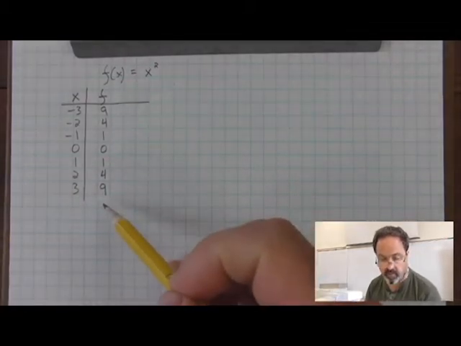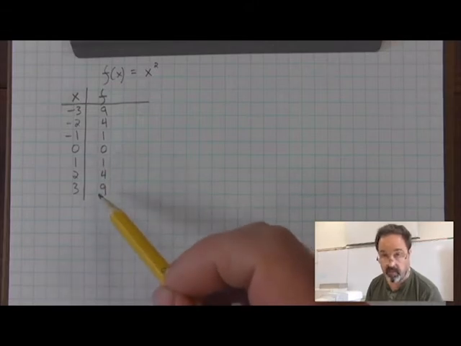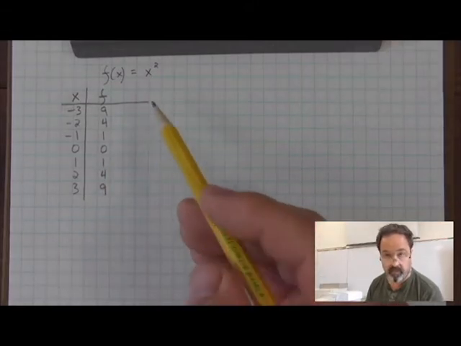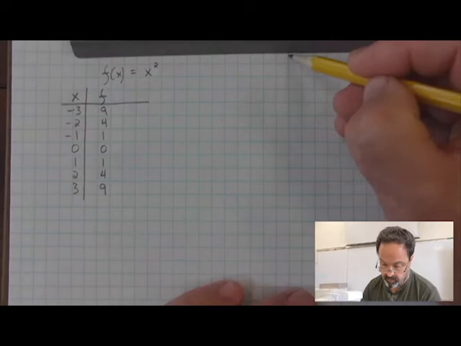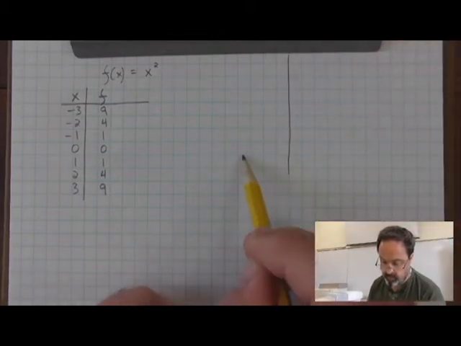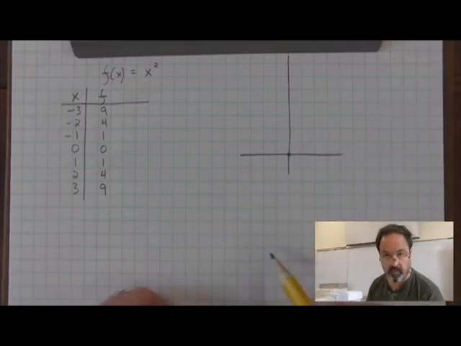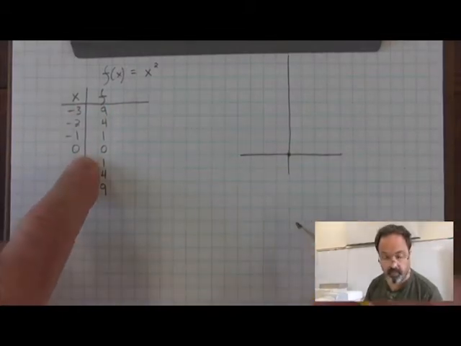We can see that there is symmetry in the values of the table because there is symmetry in the graph of x squared. We're familiar with the graph of the parent quadratic. It's a parabola whose vertex is at the origin, the point (0, 0).